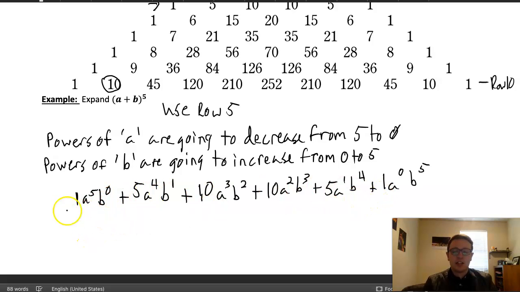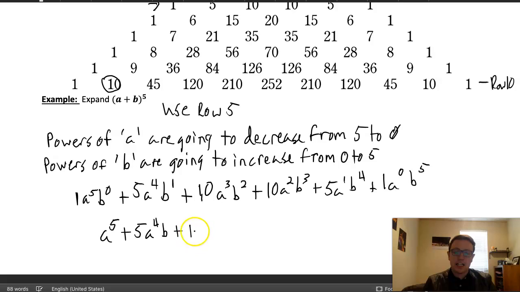Now let's rewrite this, making sure that we have no more zeros. We're going to simplify this all the way. So this first one is 1 times a to the 5, and anything raised to the 0 power is just 1. So our first term will be a to the 5. Our second term would be 5 times a to the 4, b to the 1, or we'd rewrite that as 5a to the 4b.